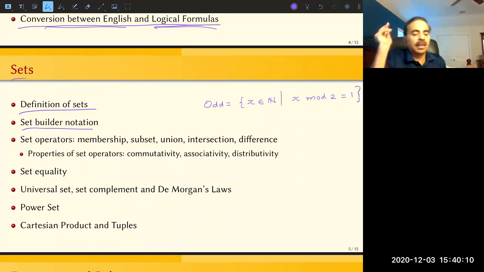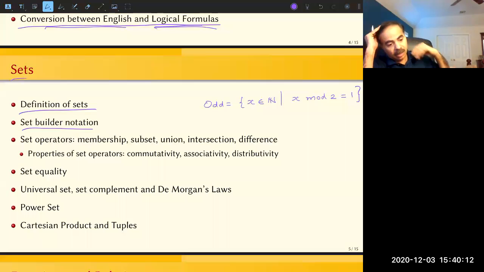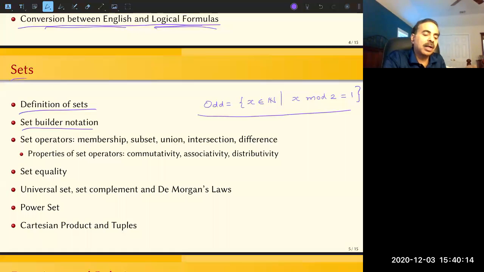So that's a set builder way to define the set of odd natural numbers, right? And then we went through the concepts of membership, subset, union, intersection, and difference.